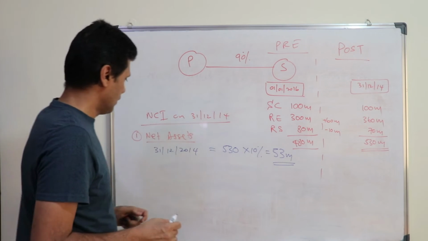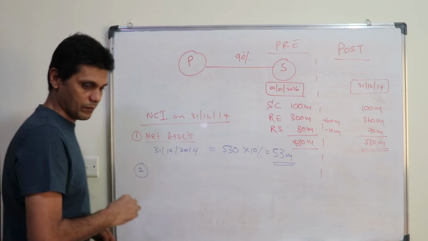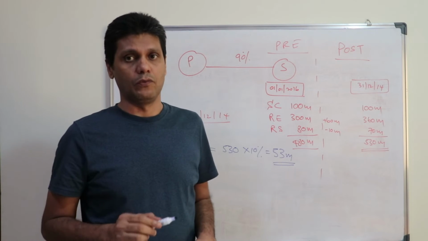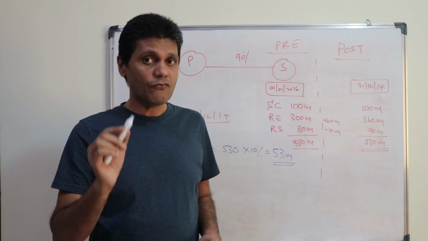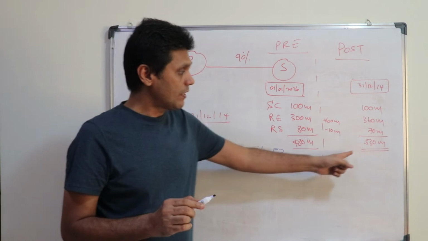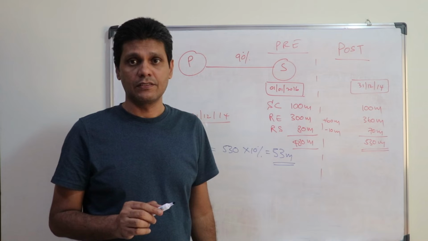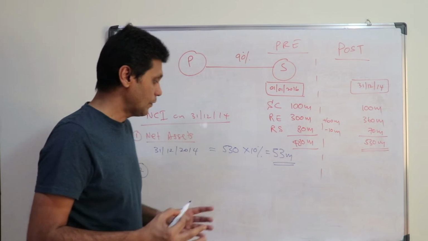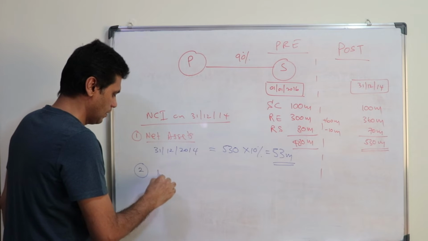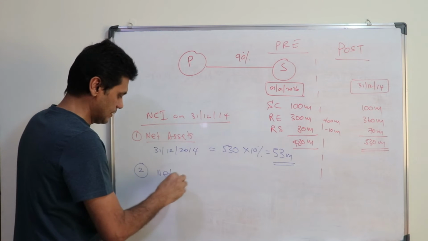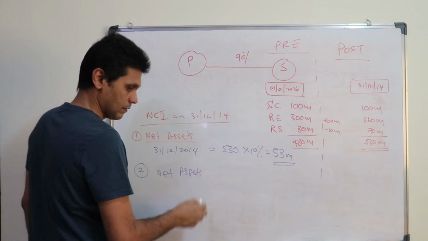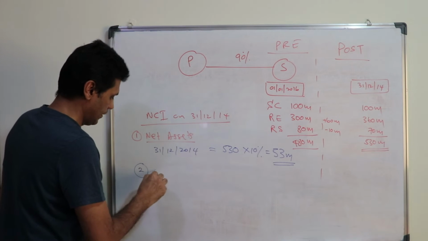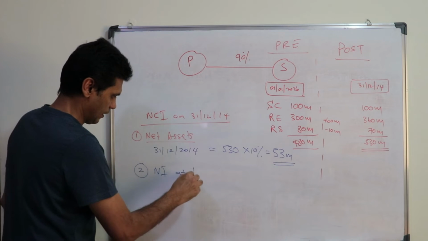Okay. The second part, if NCI is measured at fair value, you just can't straight away apply 10% of the net assets. So therefore, we need to apply the first method. So how do you calculate that? First of all, you need to take net assets, we'll take non-controlling interest at the reporting date.